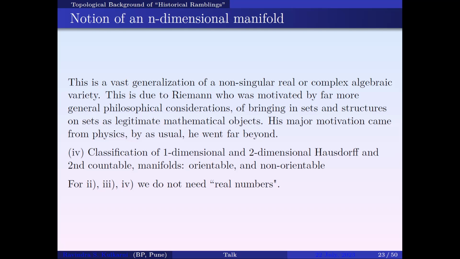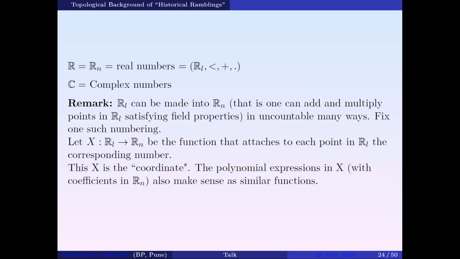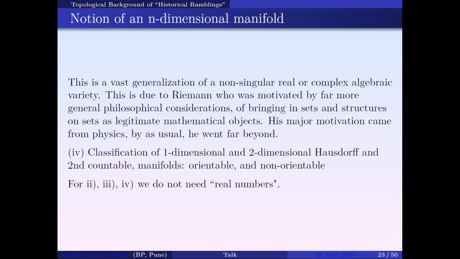Now, up to this point, what I have talked about, I do not need real numbers. Only on the original notion of the real line, one can develop all these ideas. Now, the real line can be made into real numbers. There are various choices of that, where you pick a point, call it 0, call another 1, then 2, 3, 4, etc. So, in uncountably many ways, you can make the real line into real numbers.